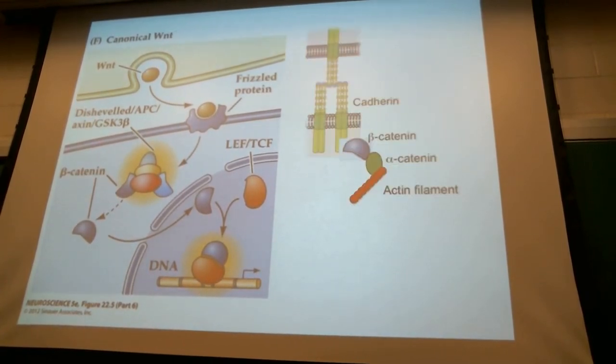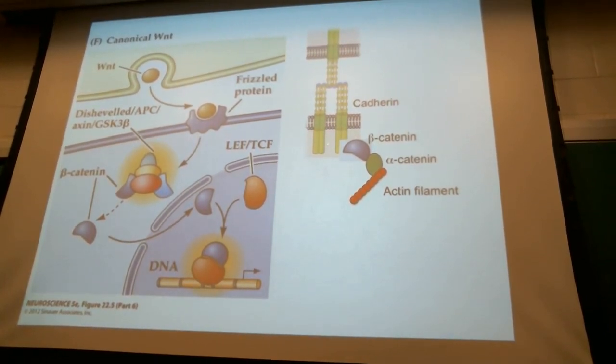So beta-catenin is actually in this cadherin complex. Cadherin binds to beta-catenin, and then beta-catenin binds to alpha-catenin, and then that binds to the actin filament. So it's a part of the cell adhesion component.